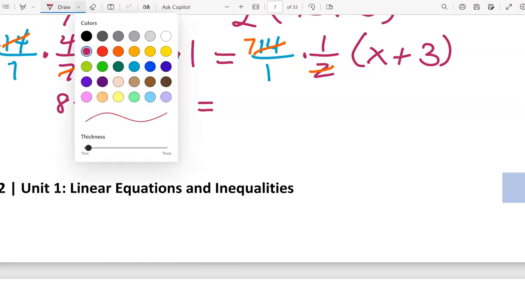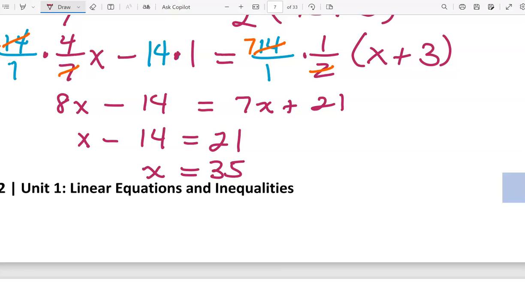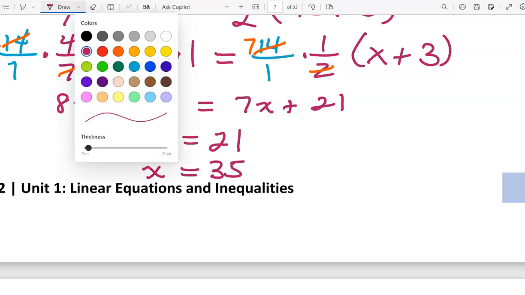And so that's going to give us 7 times x plus 3, which is 7x plus 21. Once we get to that point, subtract 7x off from both sides, and then add 14, and that gives us x is equal to 35.